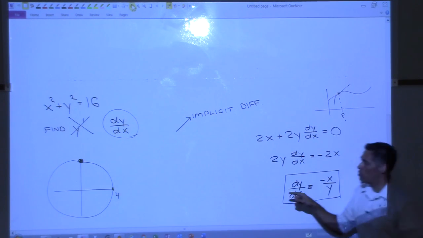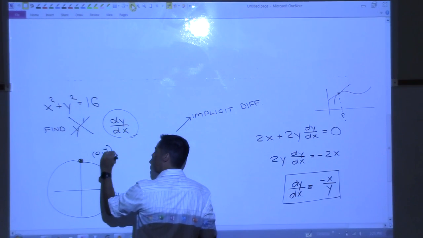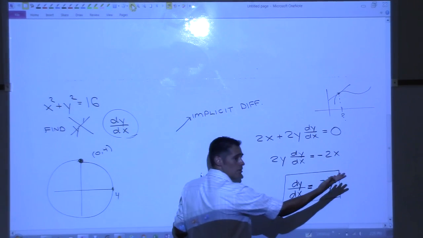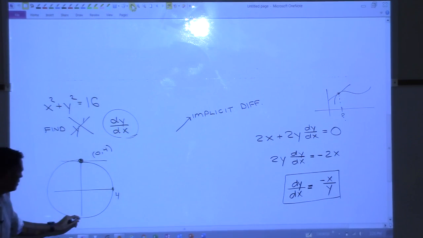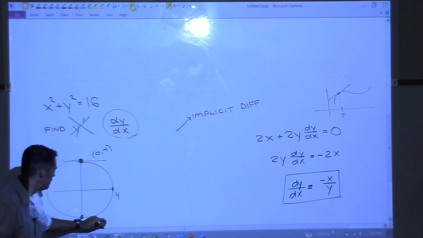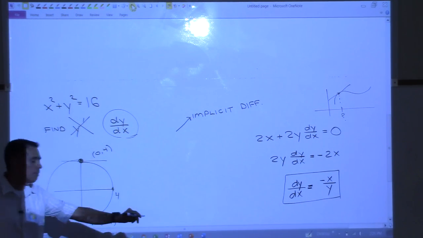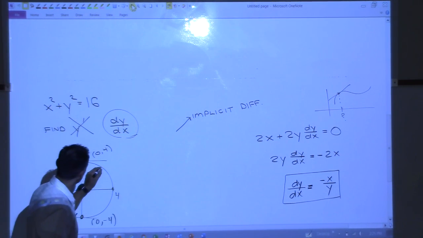So what is the x coordinate here, and what is the y coordinate here? 0 and 4, right? So if I plug in 0 for x and 4 for y, I get 0, don't I? And so that matches what happens here, right? What about here? What's that point? 0, negative 4. Does that have any impact on the answer for us? No. So we get that slope, right? 0 is there. Okay, what about this point right here?